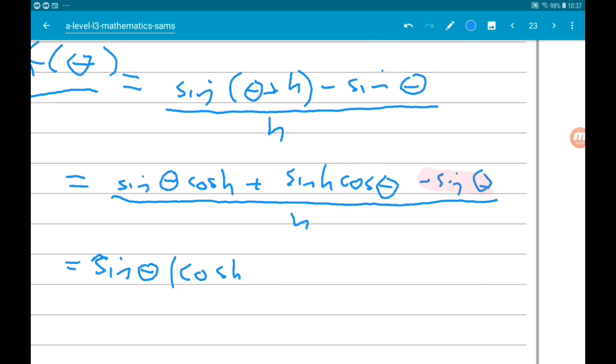So inside the bracket, that's going to give us minus 1. And then we have plus sine of h cos theta. And again, that's all over h.